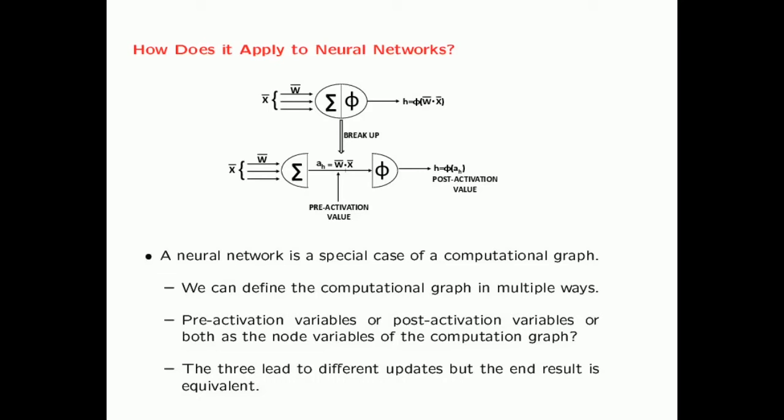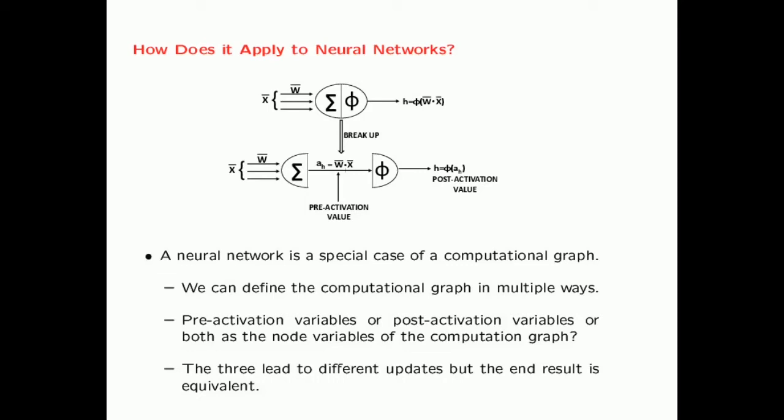Now, there are various ways you can pick intermediate variables. So, for example, remember that a node really computes two separate functions. First, it performs a linear transformation by doing a dot product with a weight matrix, and then it applies an activation function. So, you can use the hidden variable value, which is the post-activation value. That's one possibility as your intermediate variable in the computational graph. Or you can use the pre-activation value.